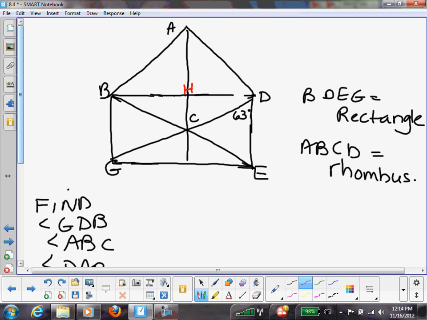We got a rhombus going on and a rectangle, so we have to think about what our properties of each of these are. Okay? So let's start by what was given. If 63 is given, what else can I find? This is about maybe before you can really answer your questions, you look at what's given in this chart and you just start filling in your information. Okay? So, what do we know that we can fill in? Kaylee, give me one piece of information.